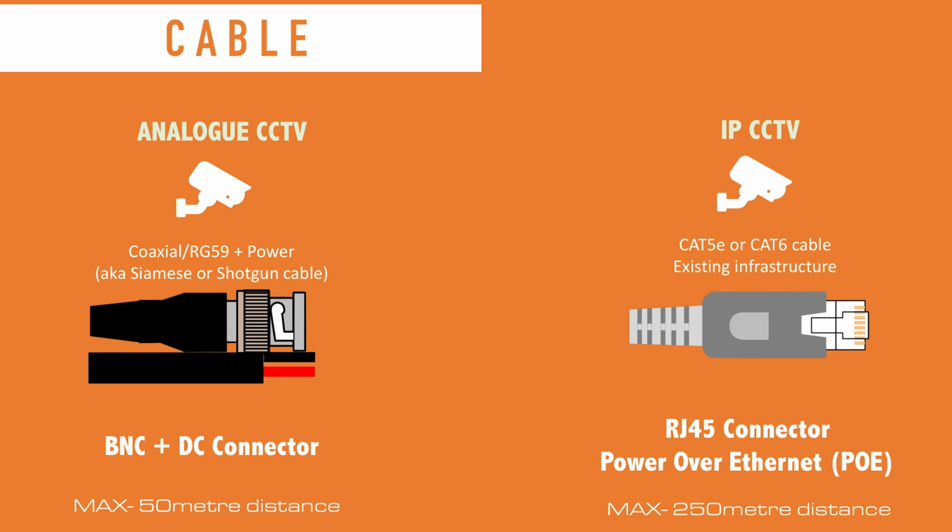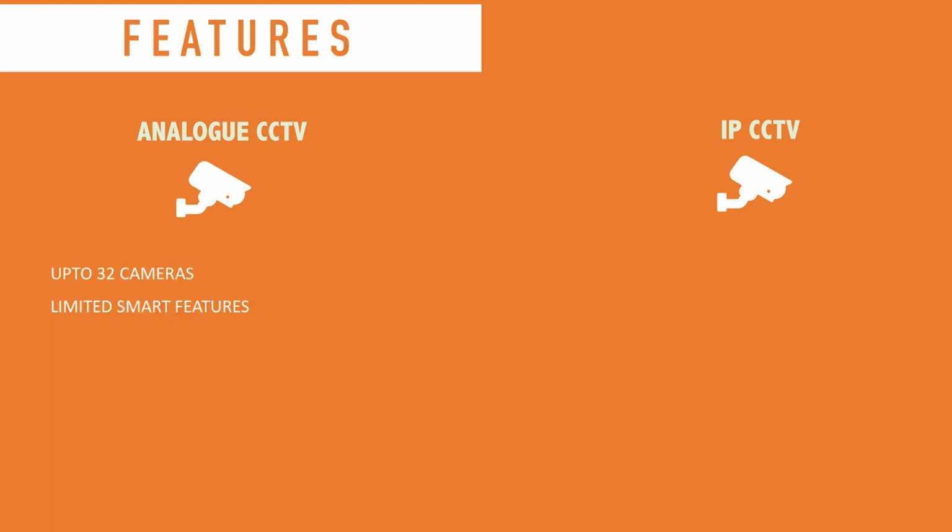You can actually get systems now that can go up to about 250 meters. That means you can run a 250 meter Cat5e cable and plug a camera all the way back to the NVR over that single cable, whereas analog CCTV would not allow you to do that unless you start powering locally. That means having a local plug next to the camera.